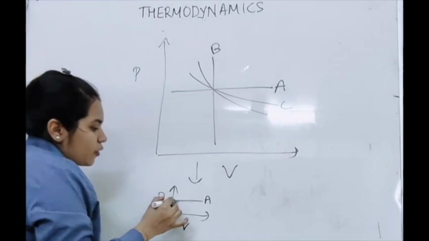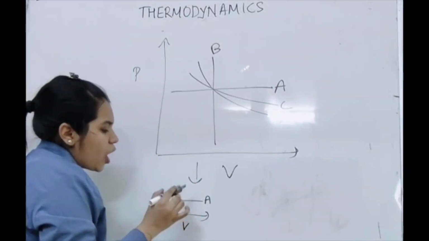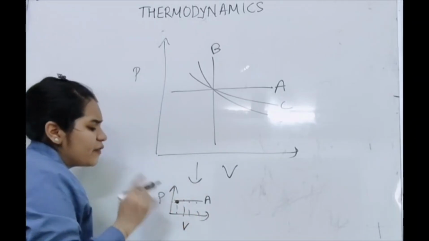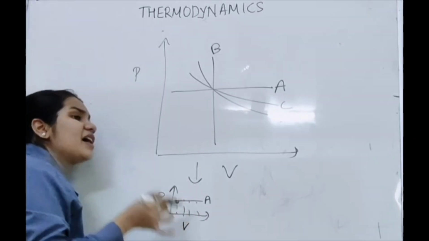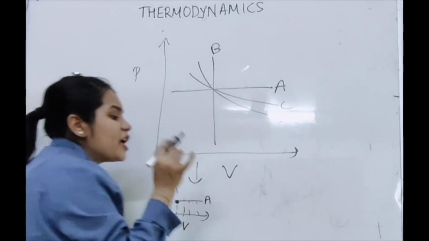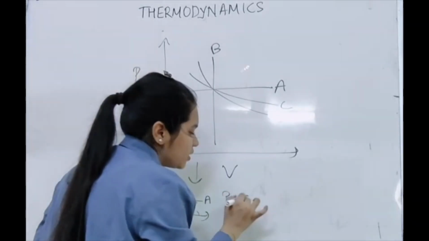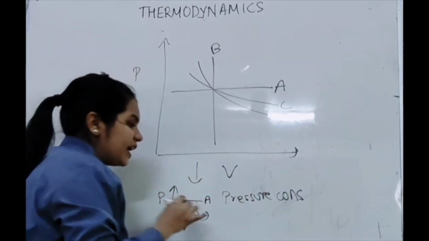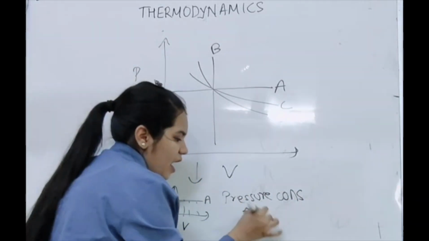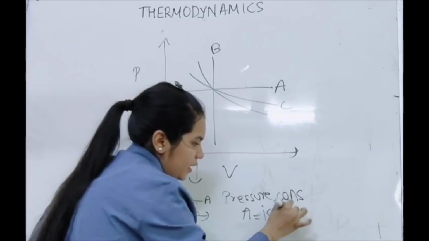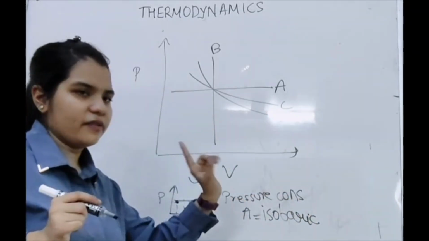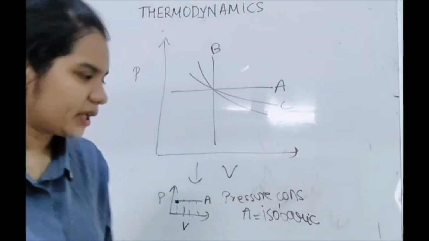For how many values of V, P is there? There's only one P. That means here P is constant. If pressure is constant, then A will be isobaric. So this is the first thing we have done, one identification. A is isobaric.